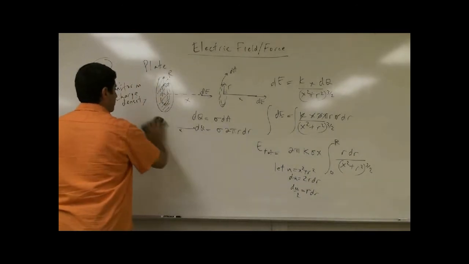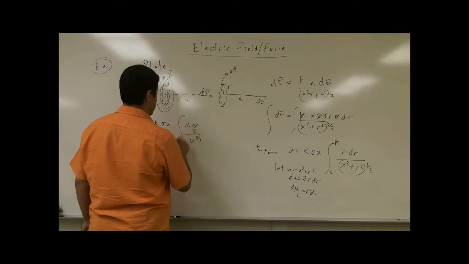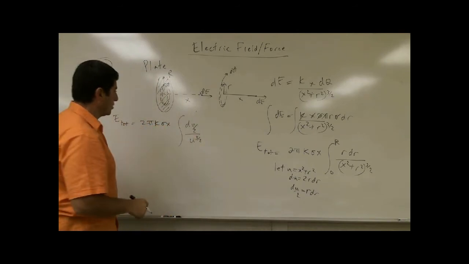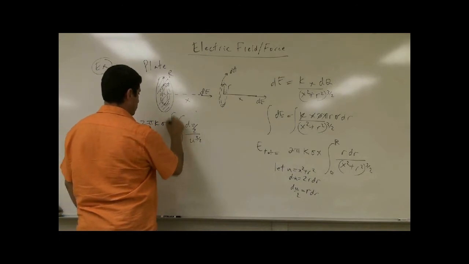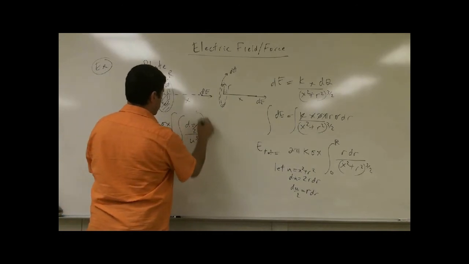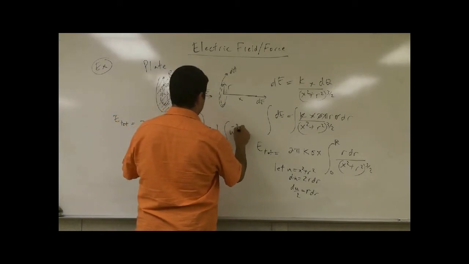So over 2 over u to the 3/2. If I just focus on the integral for a second, the 2 is going to come out, and you have 1/2 times the integral of u to the minus 3/2 du.